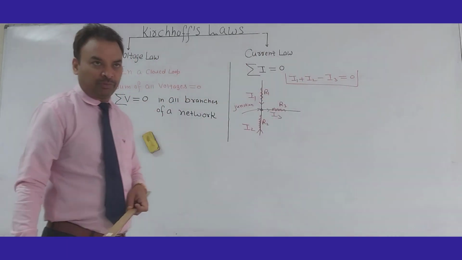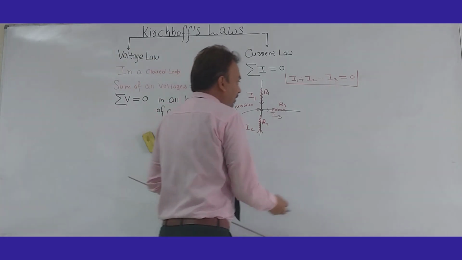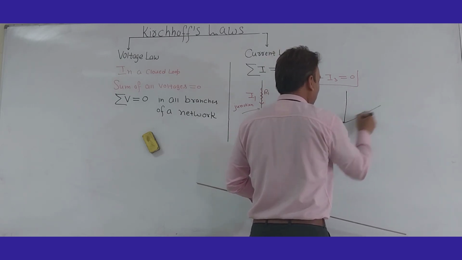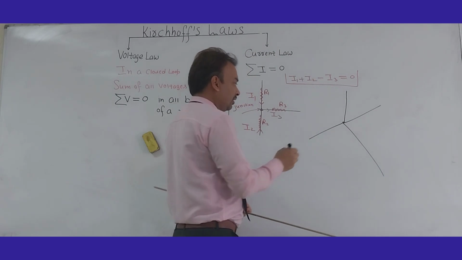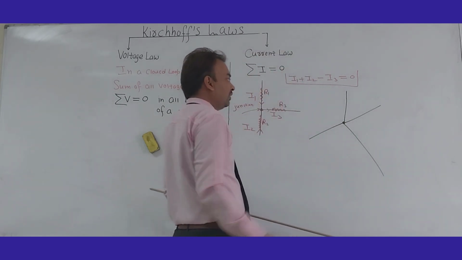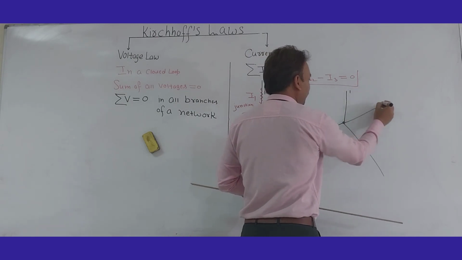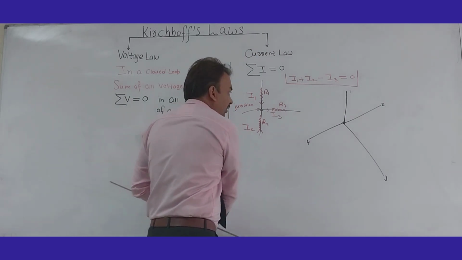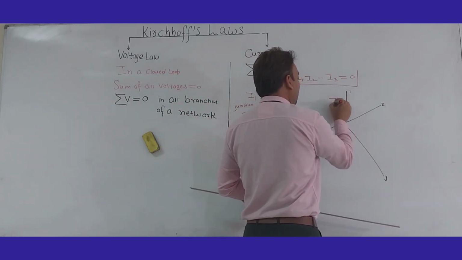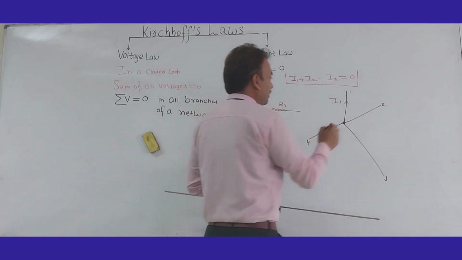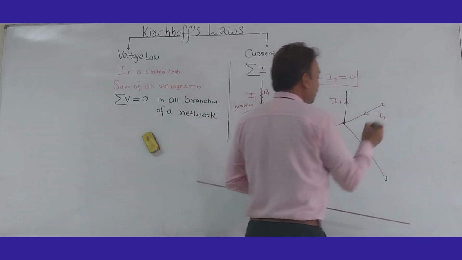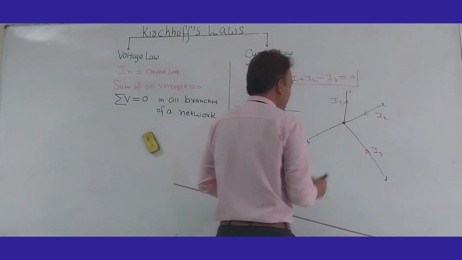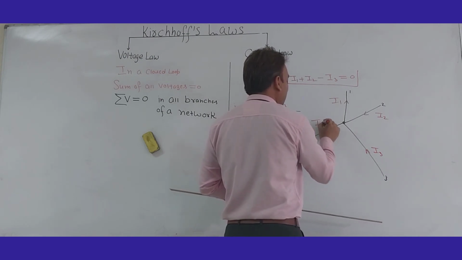Let us take one more arrangement. We have a junction and a few wires connected to this common point. This is wire 1, wire 2, wire 3, wire 4. Suppose I1 is going away from the junction, I2 is going toward the junction, I3 is again going toward the junction, and I4 is going away from the junction.